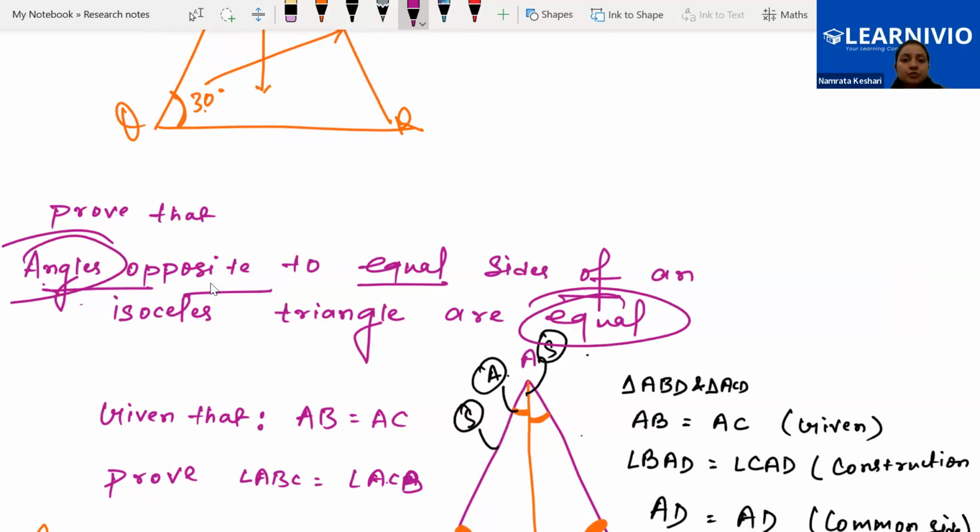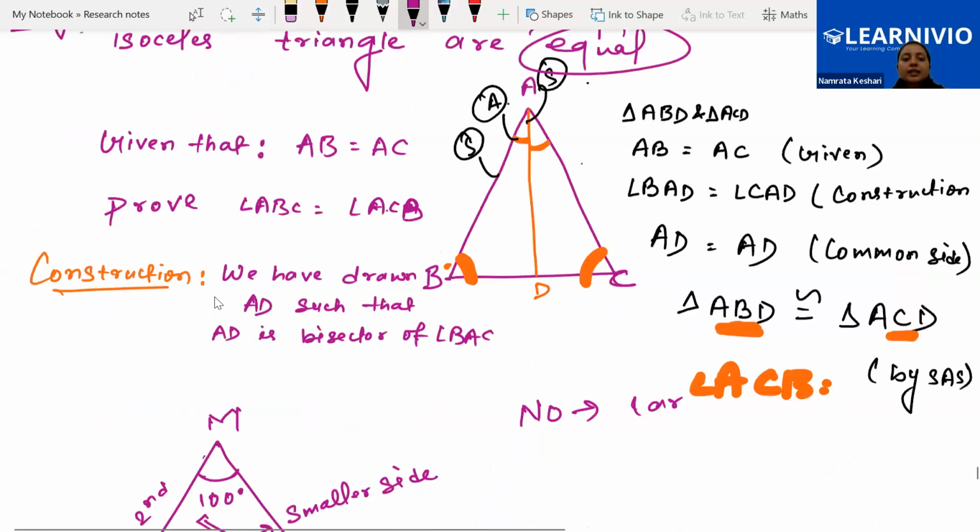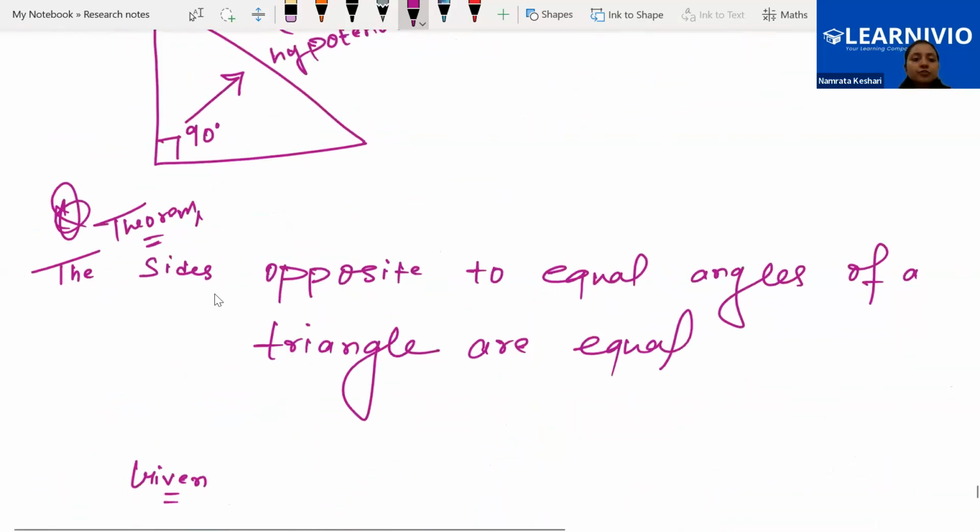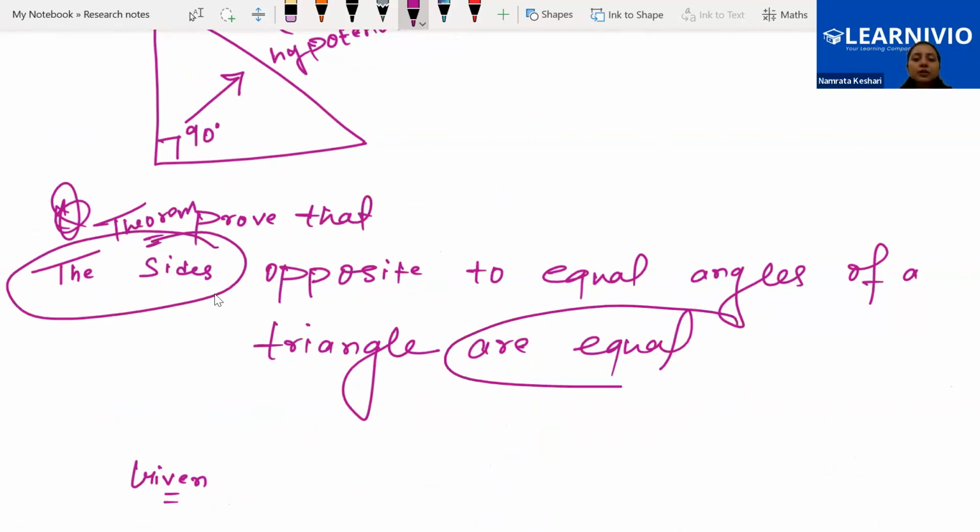That's what we have to prove. Prove that angles are equal. And here it will be written: prove that sides are equal, and in between, whatever is given, that is the given information. Getting it? Yes. Okay, this is how you have to identify what is given and what you are supposed to prove.